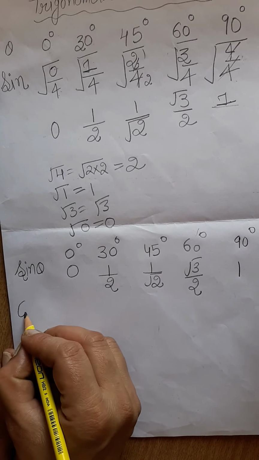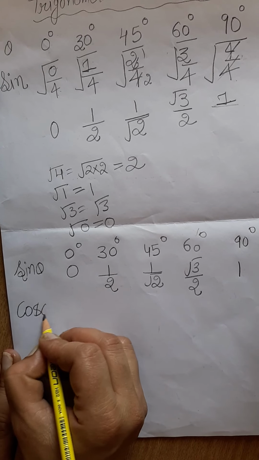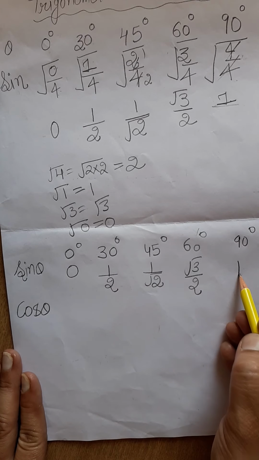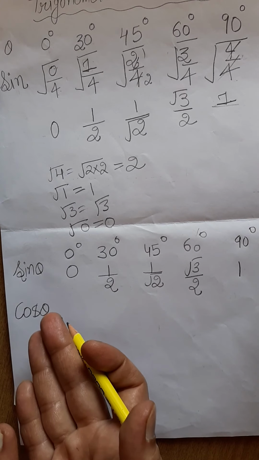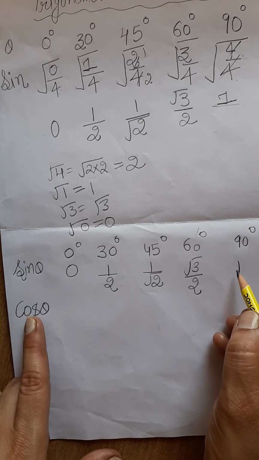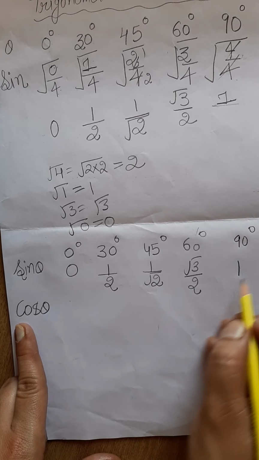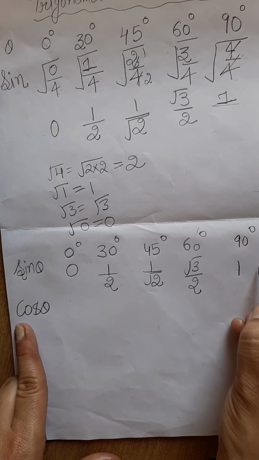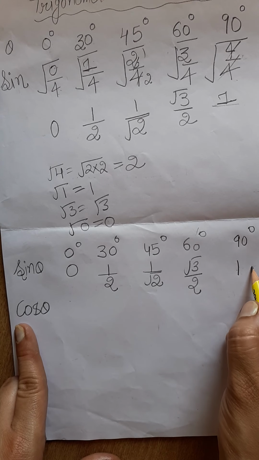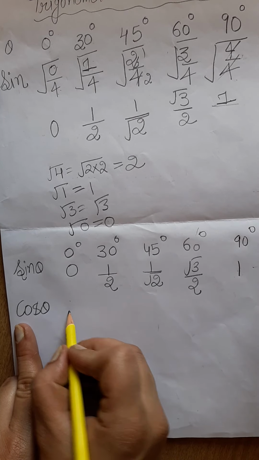When you find the value of cos theta, take the reciprocal order of it. It means first of all, you write 1 in the first place, because 1 is in the last place of sine theta. So you write this 1 in the first place.